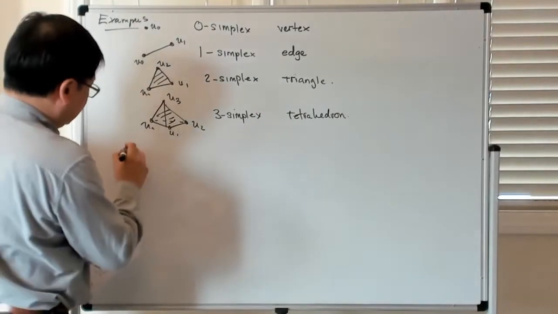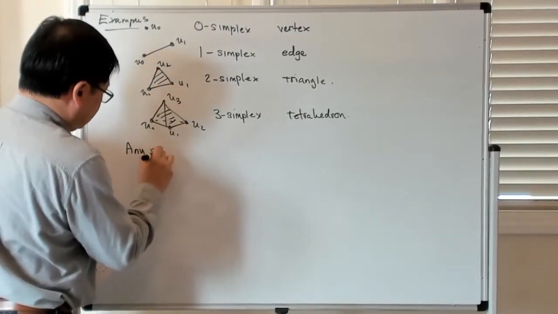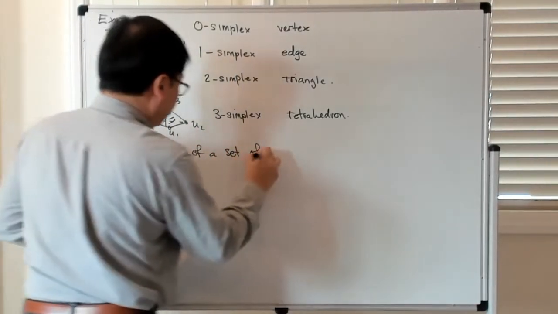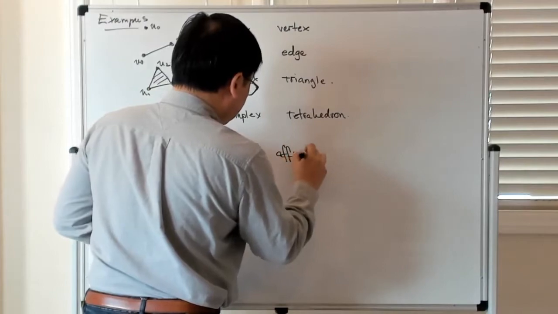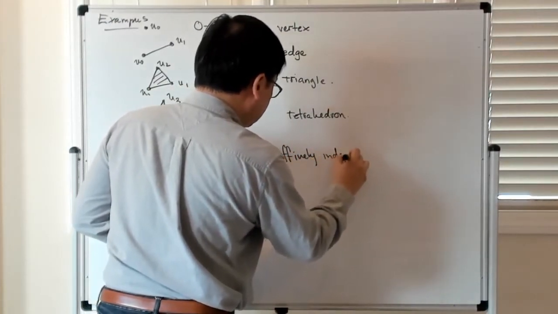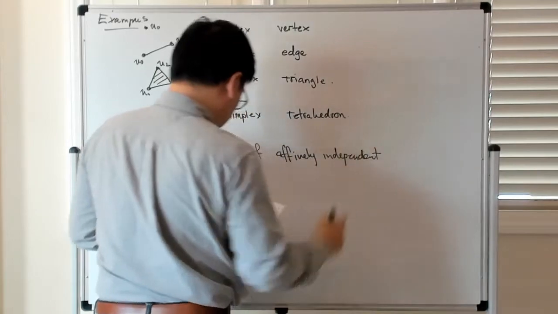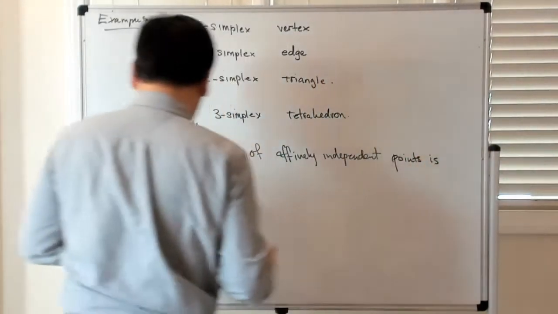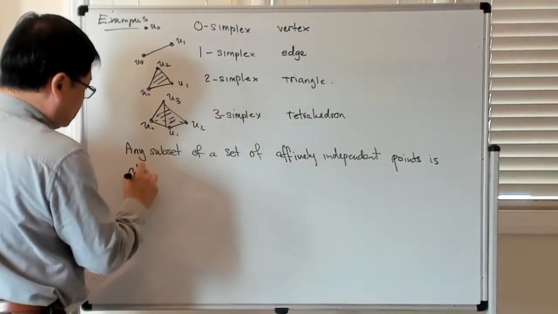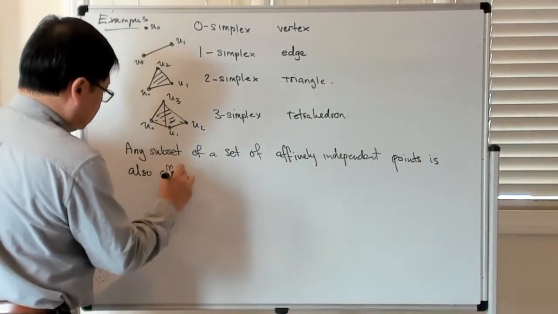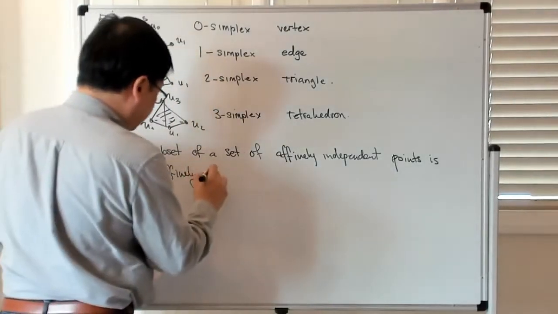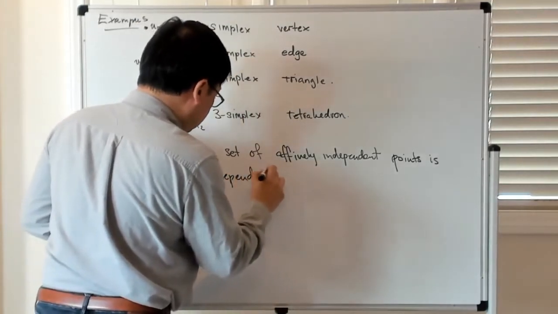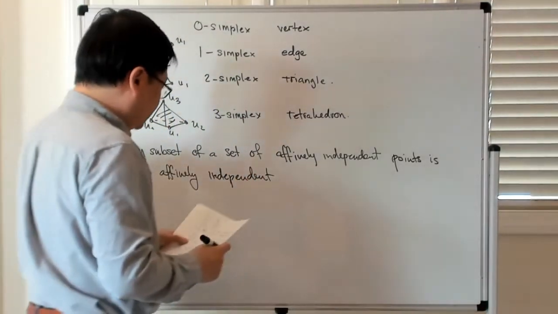So any subset of a set of affinely independent points is also affinely independent and therefore spans a simplex.